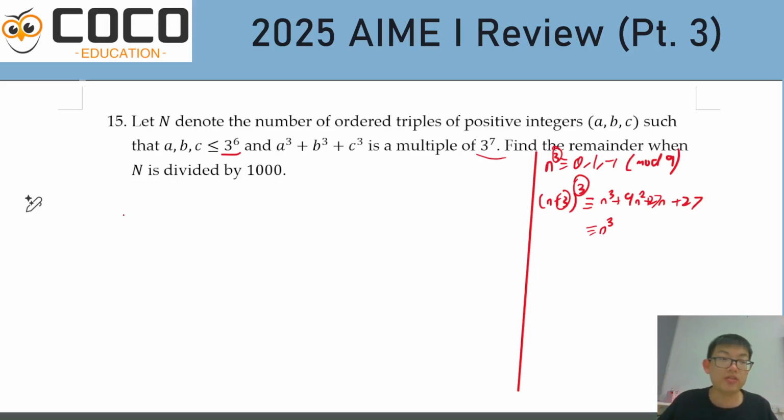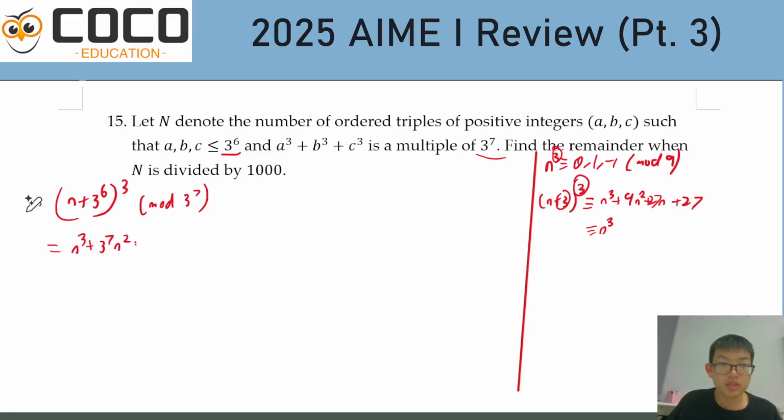Let me just confirm that if I were to shift it forward by 3 to the power of 6, does it change anything? Yeah, definitely this is fine.